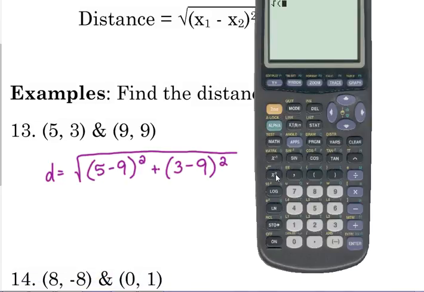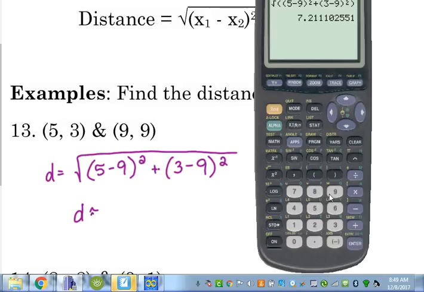Now, be careful with this because your square root starts a set of parentheses, but you need to put in the parentheses for the 5 minus 9 squared, plus 3 minus 9 squared, and then close the parentheses. Look at the pairs of parentheses. They've got to match up. So this distance is approximately 7.211. We'll go with that.